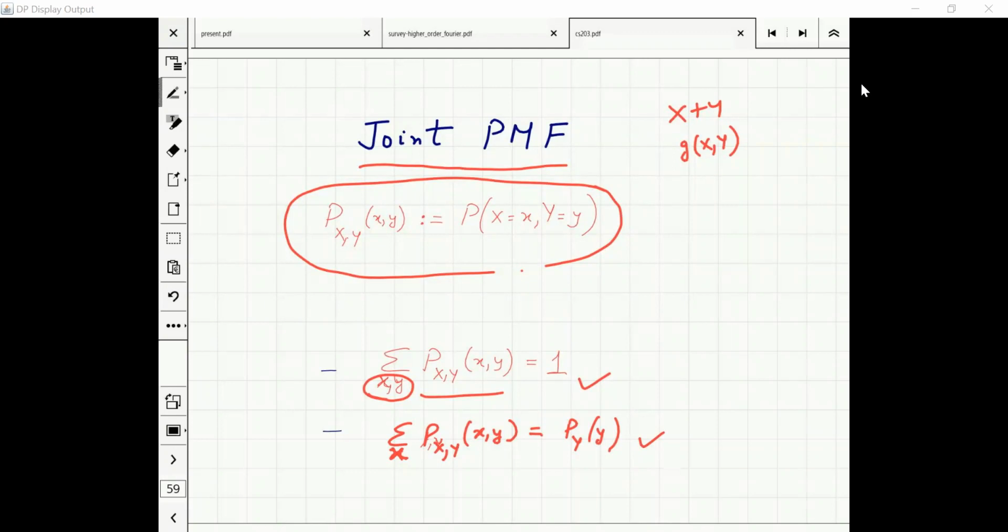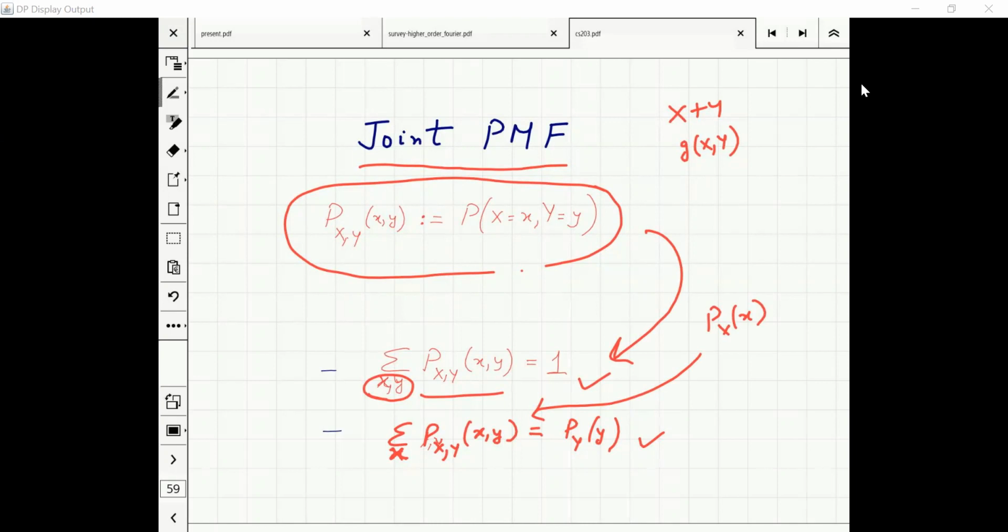This is one way to understand joint PMF. In many cases, you will only be given a joint PMF which satisfies the first property. And in that case, how can you calculate the individual PMFs? So how can you calculate P of X equal to x? By considering all y's. Exactly, by looking at the second one. In some cases, all three will be given to you: individual PMF of x, individual PMF of y, and the joint PMF of x and y.